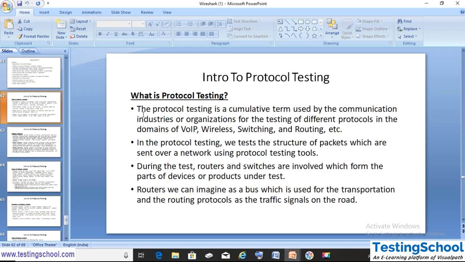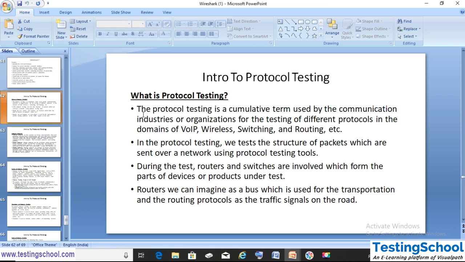During the test, routers and switches are involved, which form the devices or products under test. Suppose we have three routers, and we take the example of spanning tree protocol.